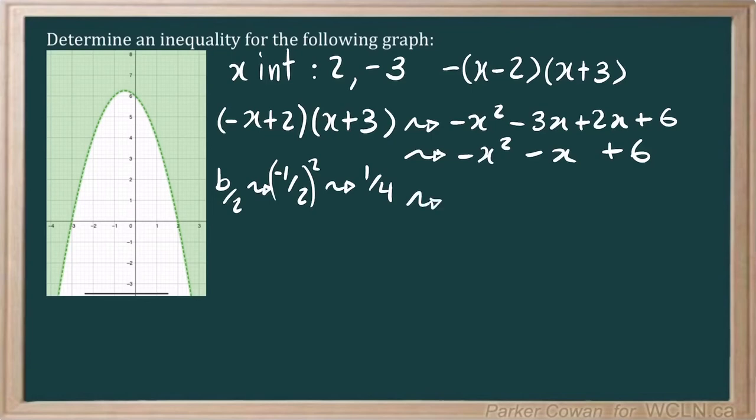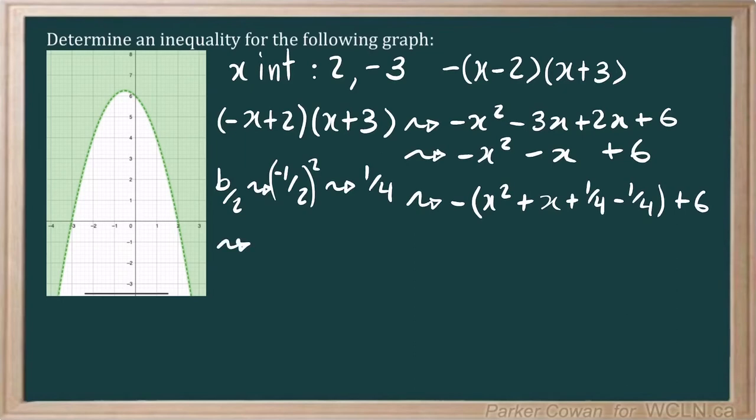So continuing on here, we're going to have this negative. We want to pull that out because x squared has to be out front, or on its own rather. And so we have plus x, because we're going to factor the negative out of the b term here as well. And then we're going to add 1 over 4, subtract 1 over 4, and then we have that plus 6 on the end.